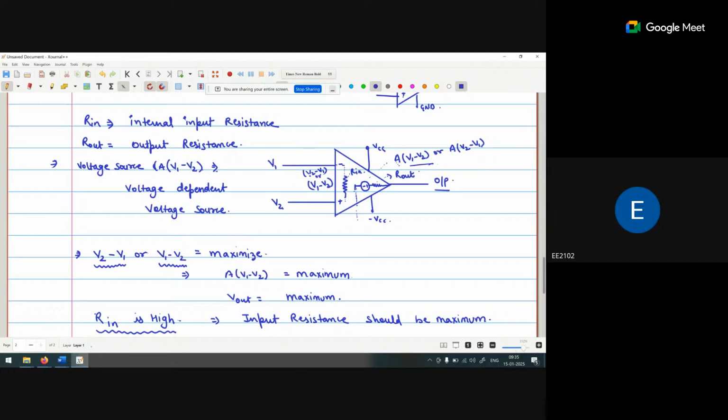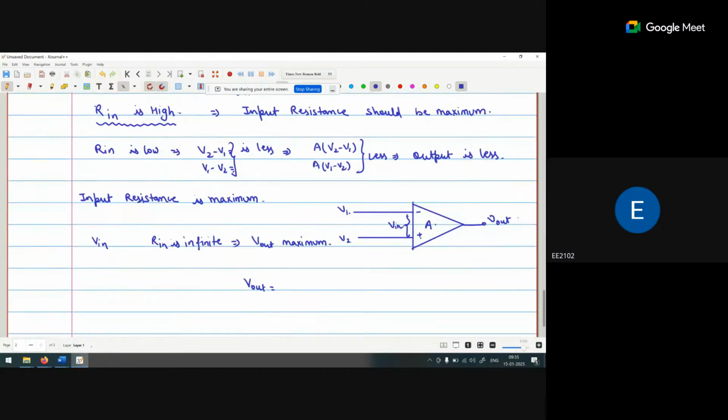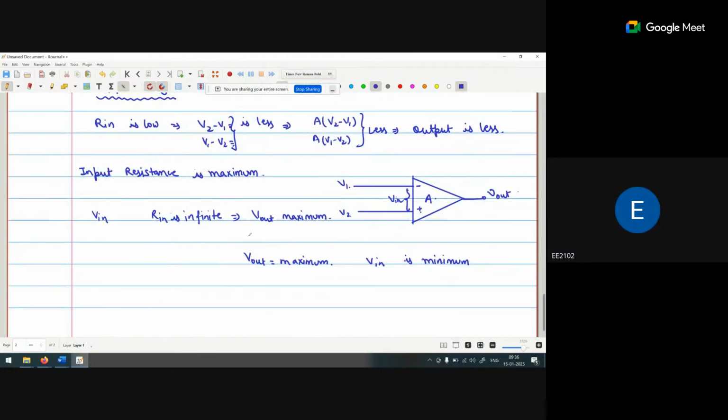So what is the gain? Operational amplifier A. So if V out is maximum, V in is minimum. A is nothing but V out upon V in.